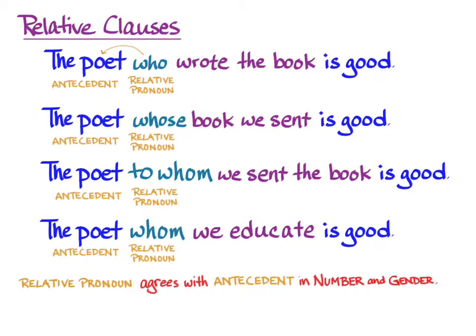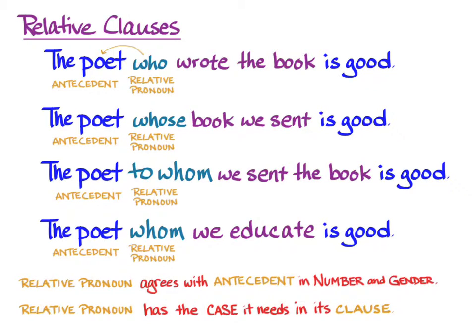And the second rule is that the relative pronoun has the case it needs in its clause for whatever it's doing in the relative clause. In our first example, who is the English form of the nominative since it is the subject of the relative clause, who wrote the book.